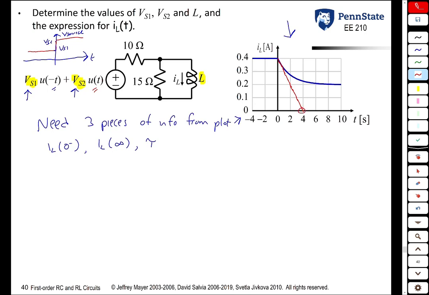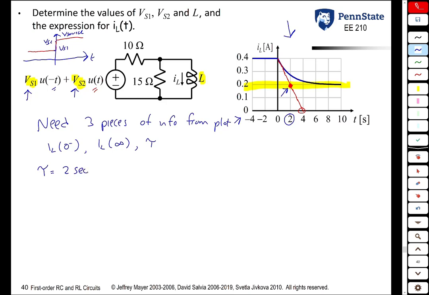But actually, we don't do that here. You don't take it down to the x-axis because this is a driven circuit. You take it down to the final value. Final value is 0.2, and so the point we take it to is this point right here. So we get that the time constant is 2 seconds.